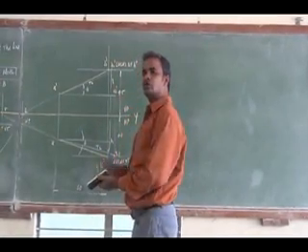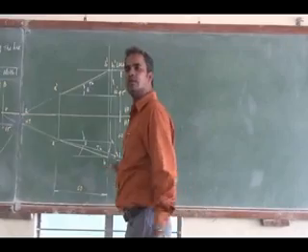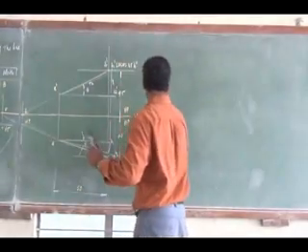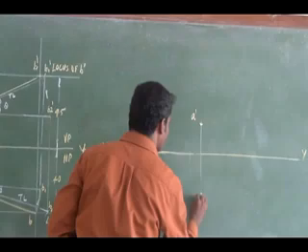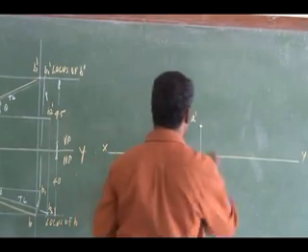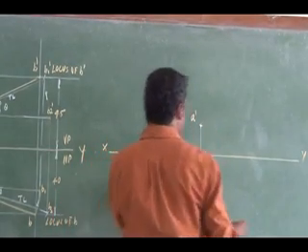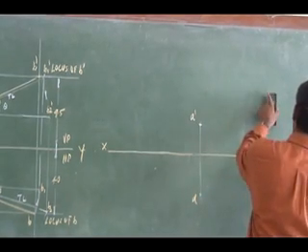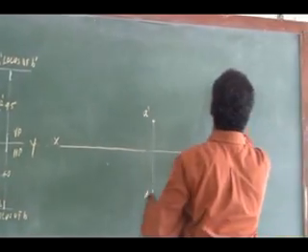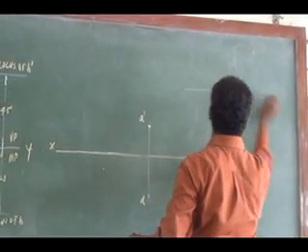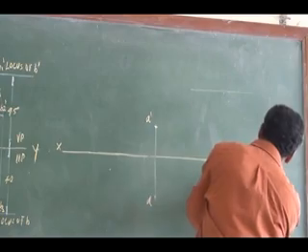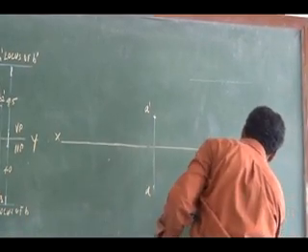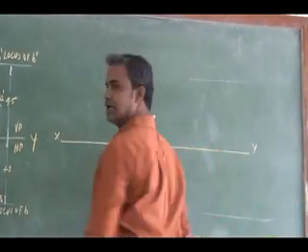The same way, first of all, using the given data, you have to draw the projection. Then I had B. The locus, right?